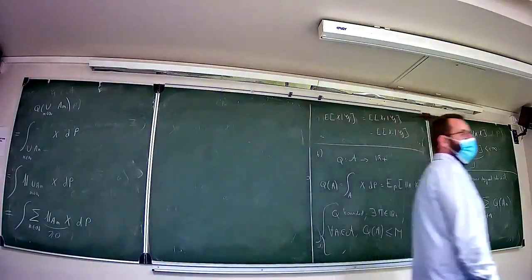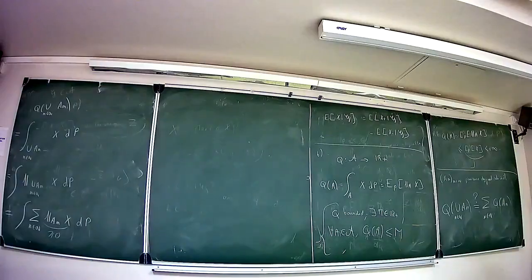From the course of probability, you have a result called the monotone convergence theorem, or the Beppo-Levi theorem, that tells you that if you are in this situation, you can switch the sum and the integral. It's the first way to see.